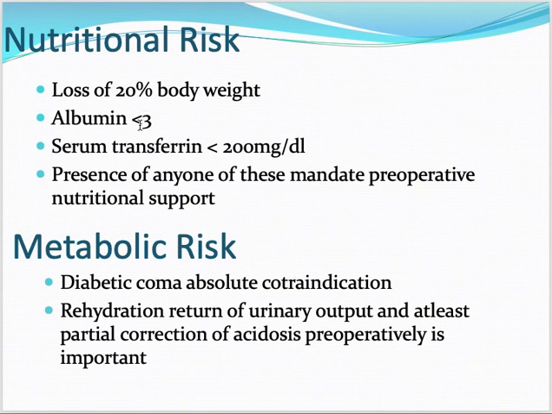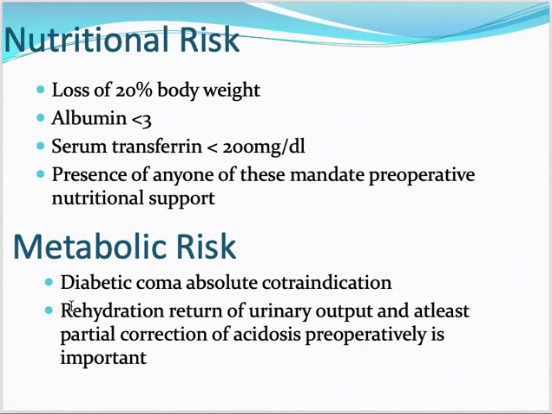Anyone who has loss of body weight or albumin less than 3, we must give them nutritional support pre-operatively to improve their nutrition. Just before performing surgery, we must give them nutrition. That's a very important thing.